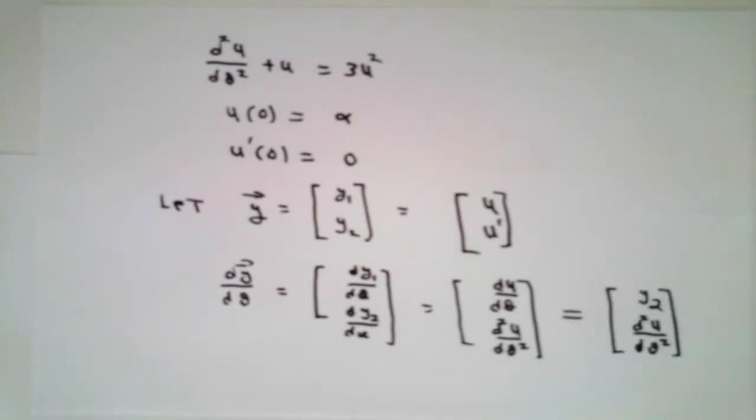But the derivative of u with respect to theta is y2, so I can write that down. All I need to do to convert my problem completely over into y quantities is to do something about the second derivative of u with respect to theta.